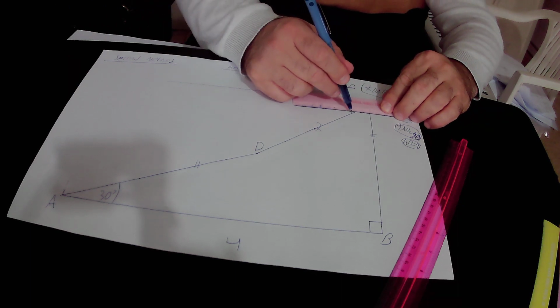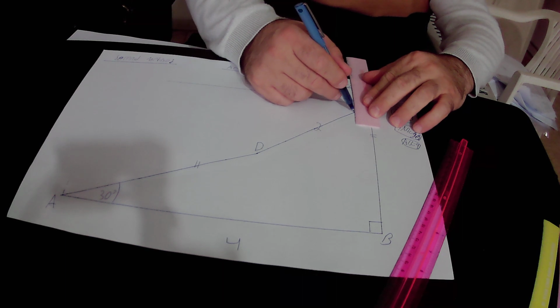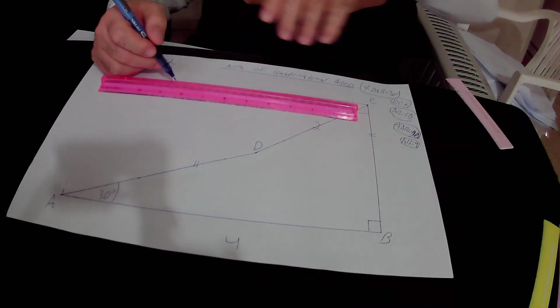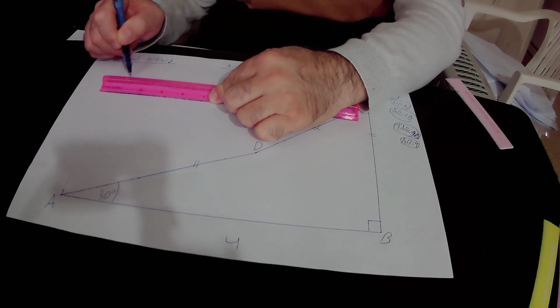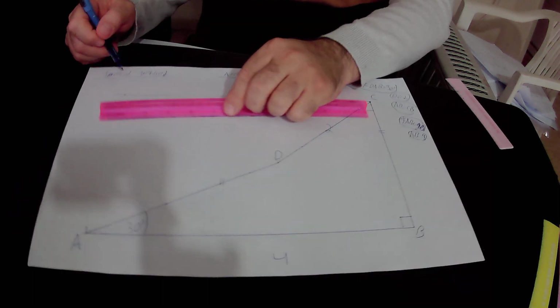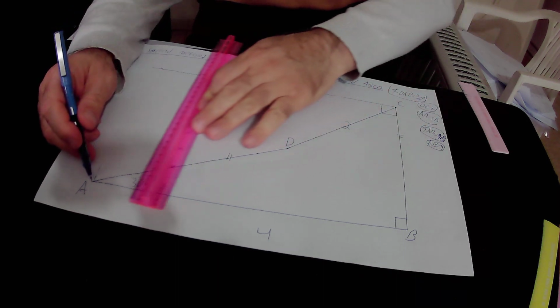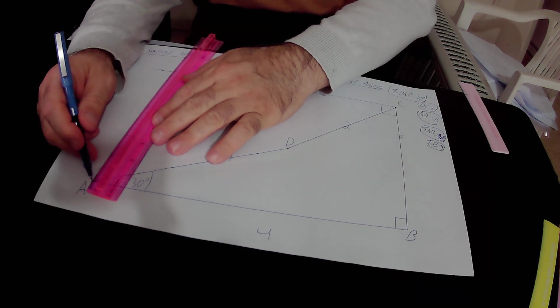So actually this angle will be a right angle, that is to say it will be equal to 90 degrees. And from point A we will draw a perpendicular to AB.